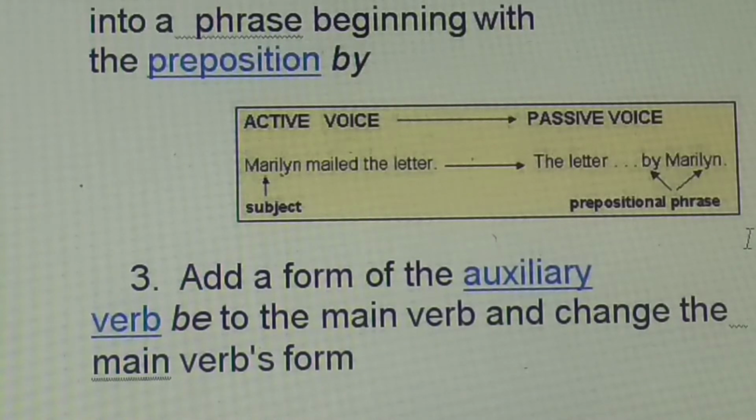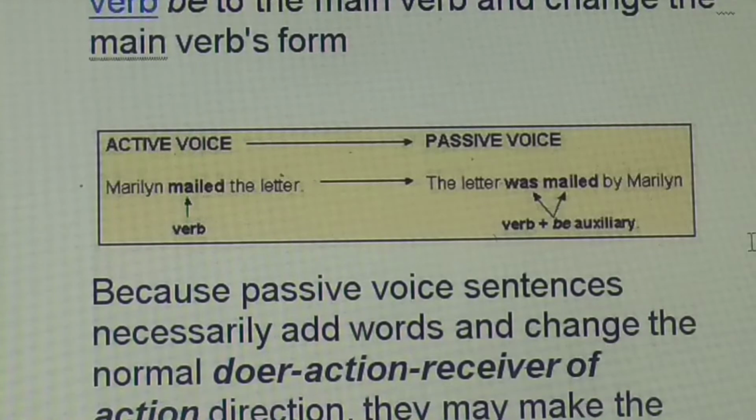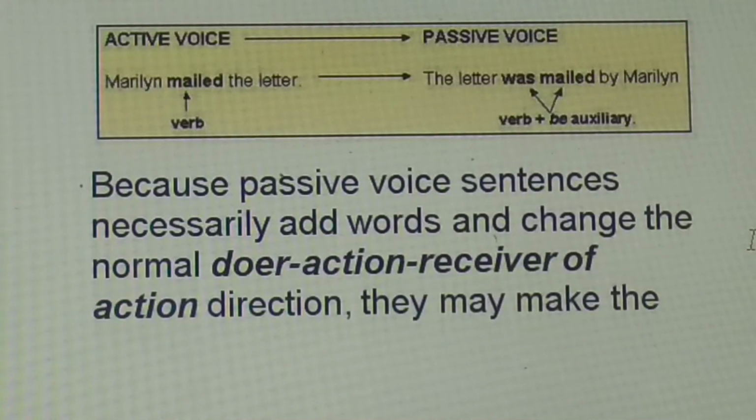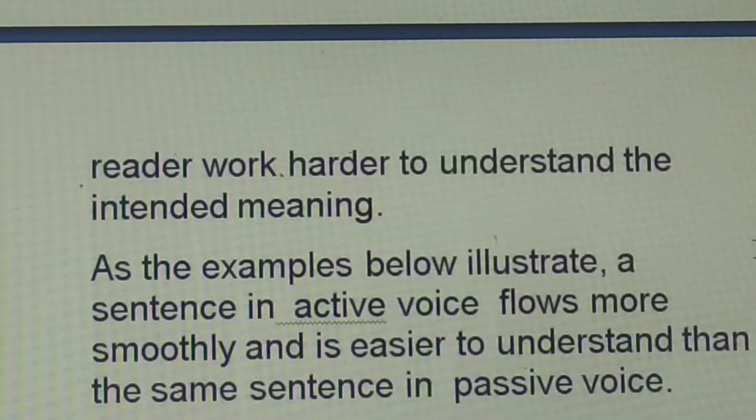By is the preposition. Add a form of the auxiliary verb be to the main verb and change the main verb's form. Look at the sentence. Mailed is the verb, main verb. The letter was mailed. Verb plus be is auxiliary. Because passive voice sentences necessarily add words and change the normal doer-action-receiver of the action direction, they may make the reader work harder to understand the intended meaning.